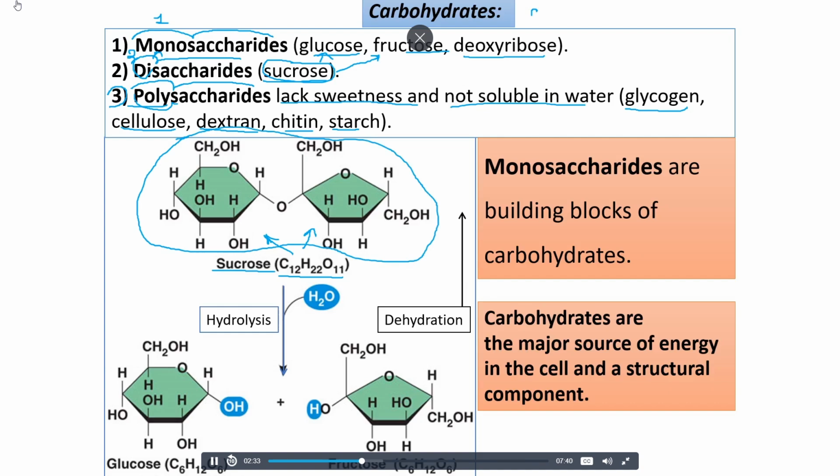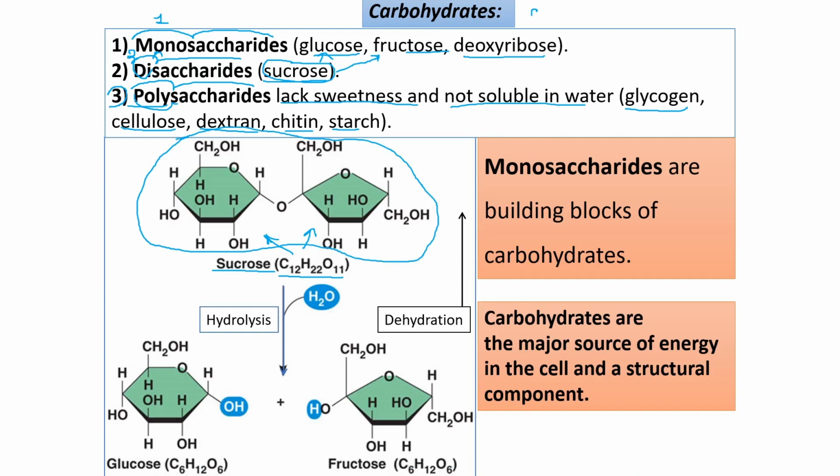And what is sucrose? Sucrose is regular sugar, what we can put in our food. So if we put sucrose in water, what will happen here? In this chemical reaction, we put water together with sucrose. If we mix sucrose with water, what happens?